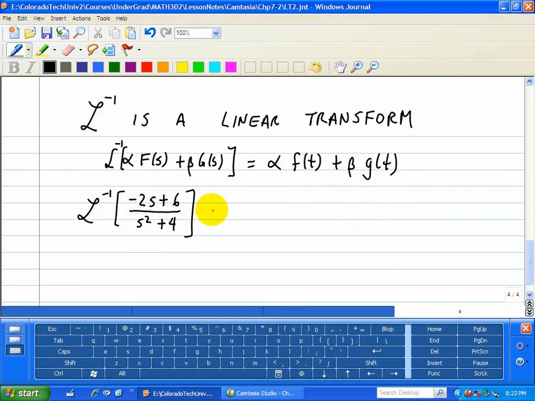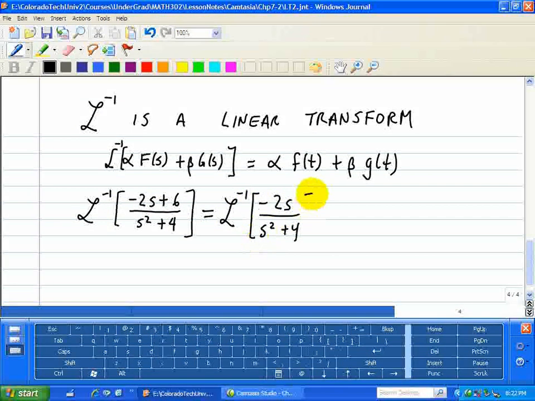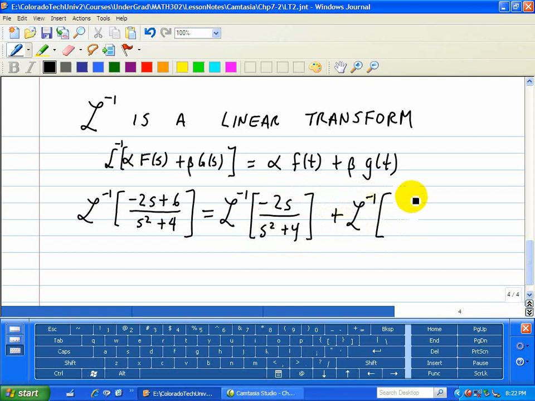We can rewrite this as two separate inverse Laplace transforms: minus 2s over s squared plus 4 plus the inverse Laplace of 6 divided by s squared plus 4.